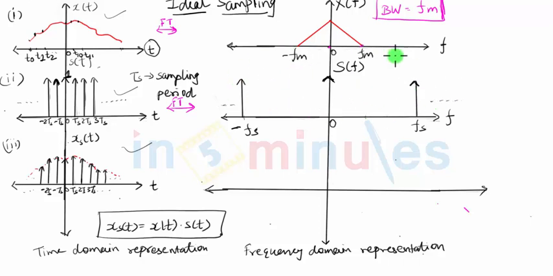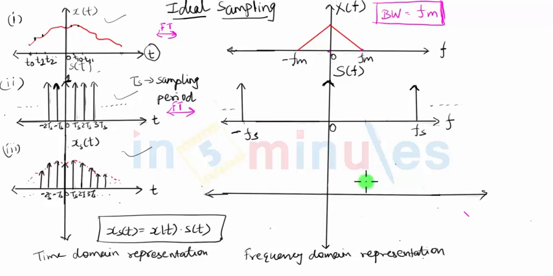The train of impulses on the frequency domain side is a function of frequency f, because it's a Fourier transform now. There is one impulse at 0. The next impulses occur at fs and minus fs. The following ones will occur at 2fs, minus 2fs, 3fs, minus 3fs, and so on.